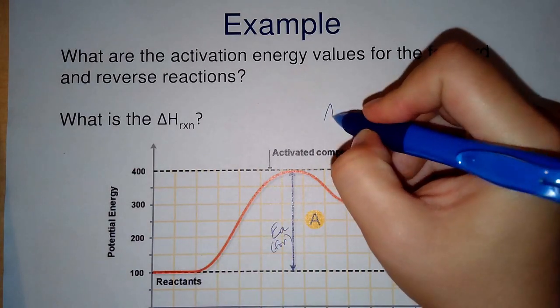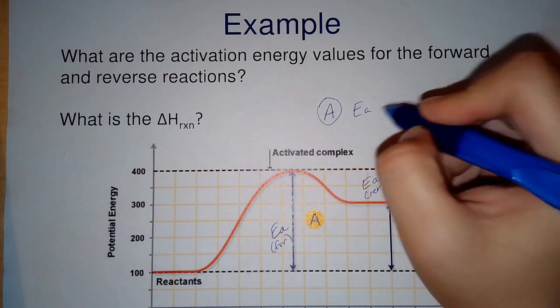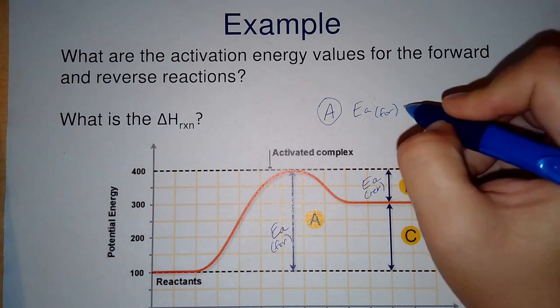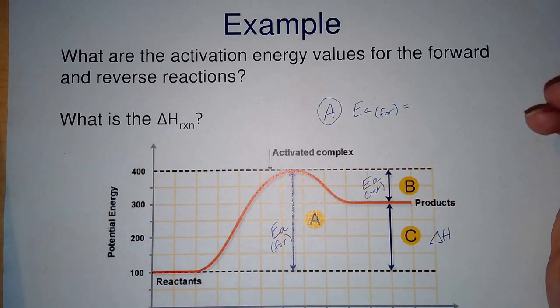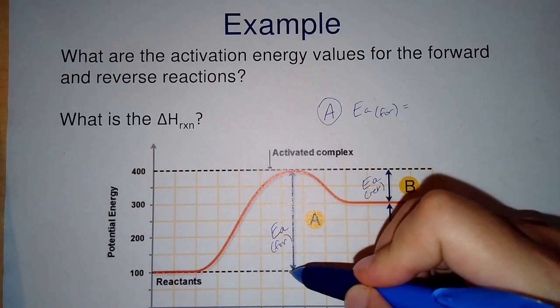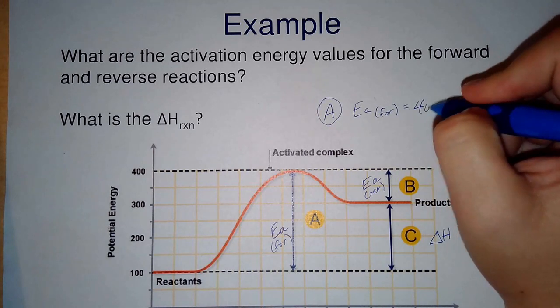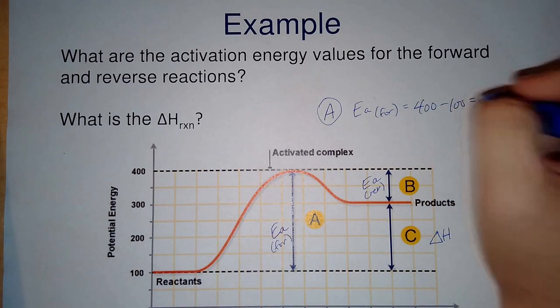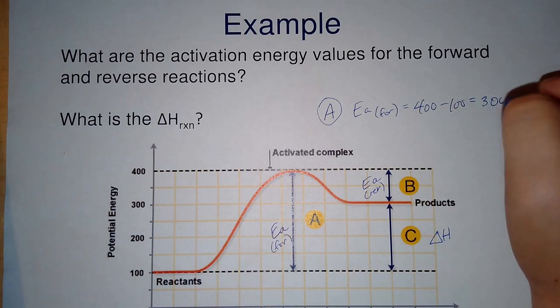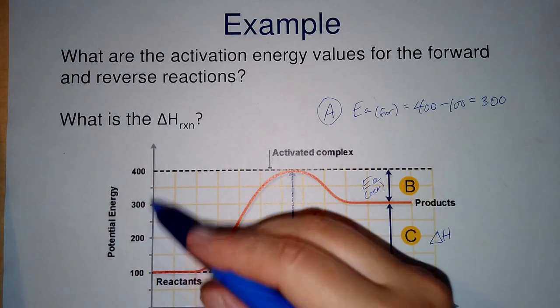Alright, so our A, or our activation energy of the forward, is going to be equal to our 400 minus our 100, which is where we started. So our activation energy of the forward is 300, probably kilojoules.